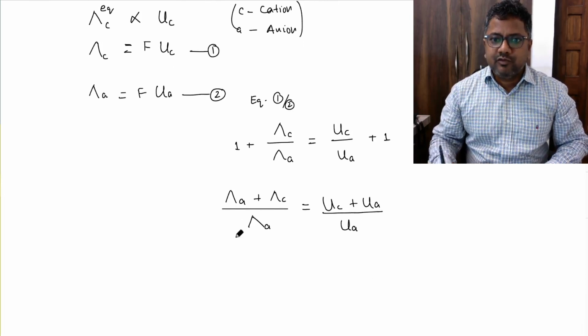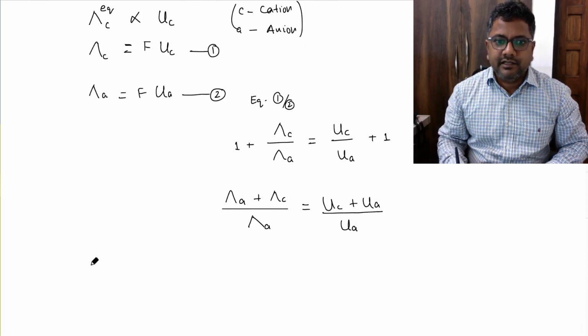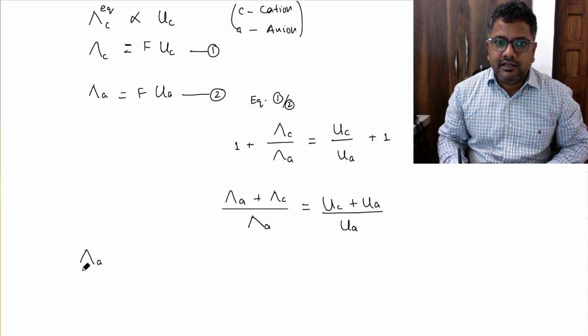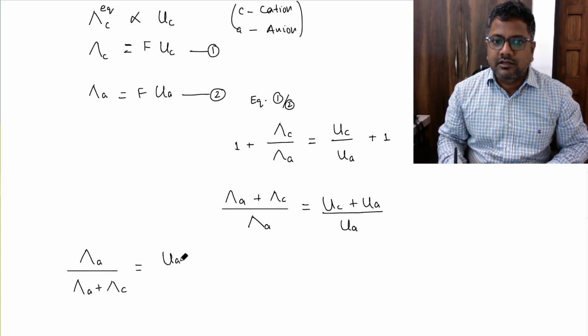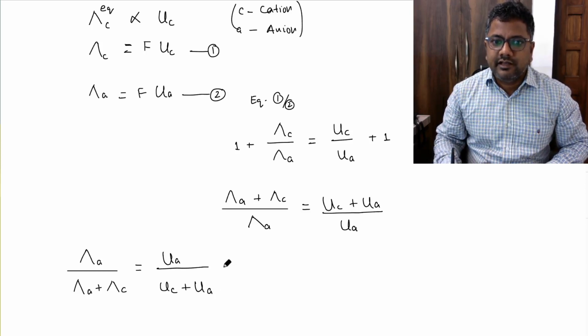If we reciprocate this, we can write lambda A by lambda A plus lambda C is equal to UA over UC plus UA. So this is a very important relation.